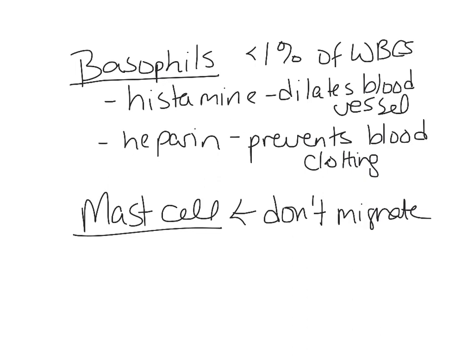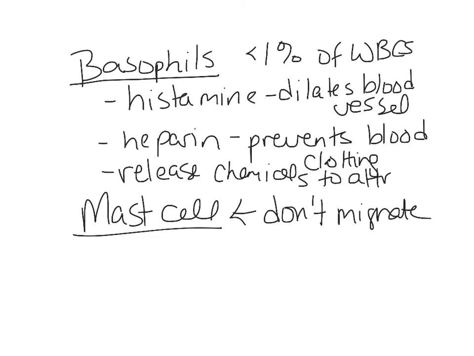And the other thing is these basophils also release enzymes or chemicals to attract eosinophils and other basophils. So they're attracting other white blood cells. You see, these white blood cells tend to all work together, right?